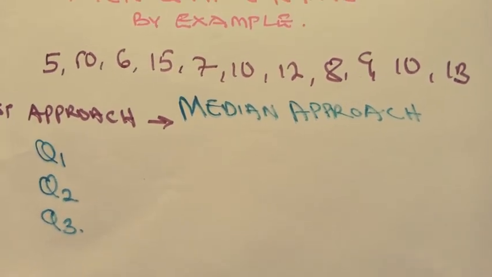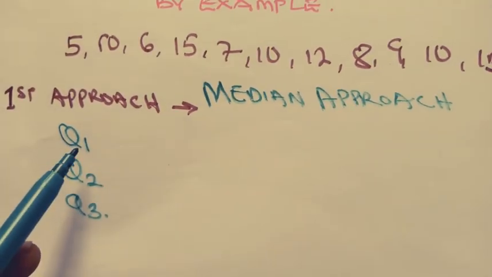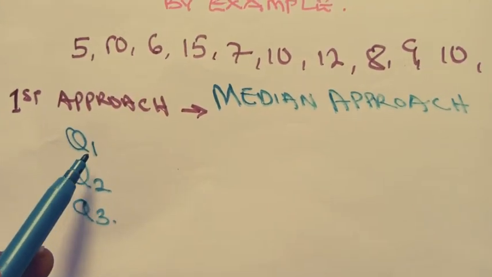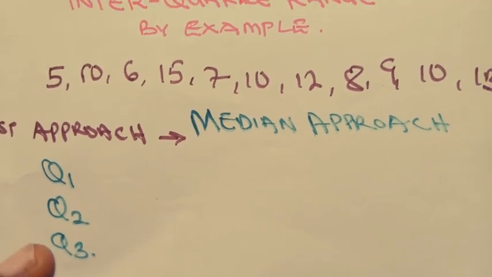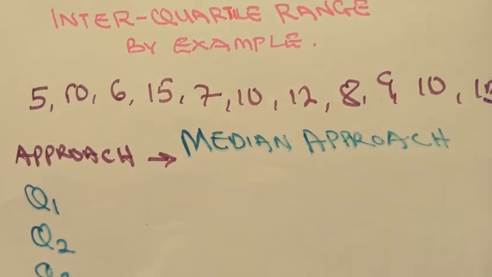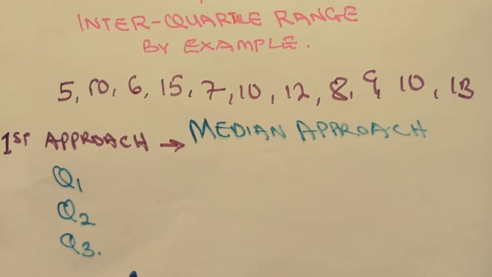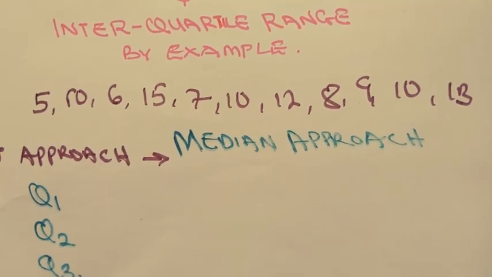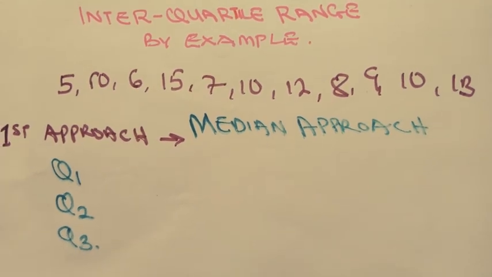In the median approach, we view Q1 as the median of the lower half of the data set, Q2 as the median of the entire data set, and Q3 as the median of the upper half of the data set.